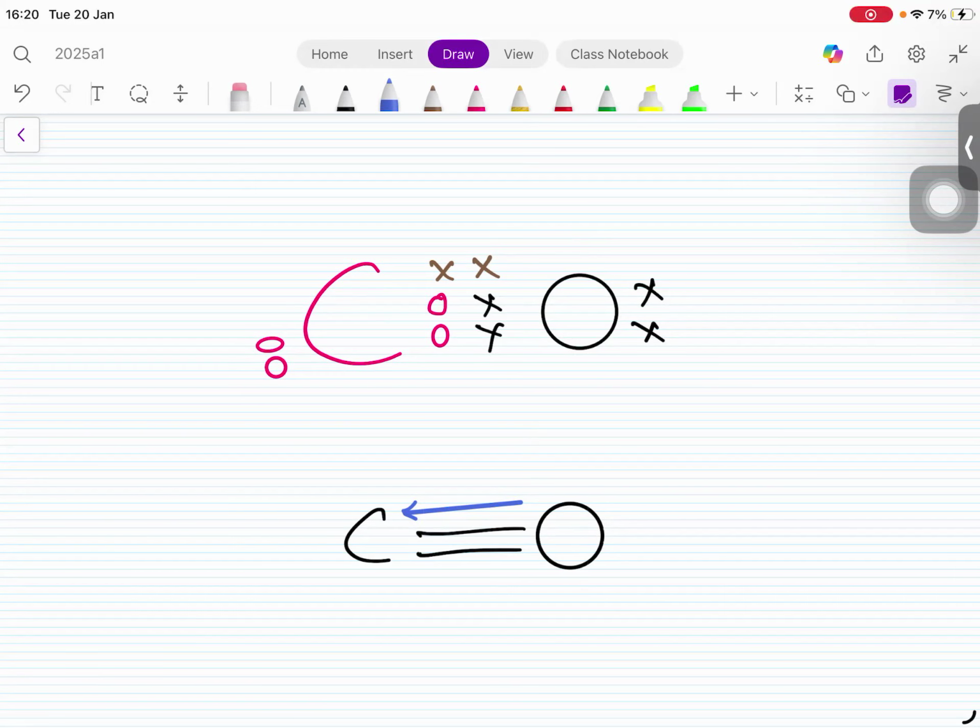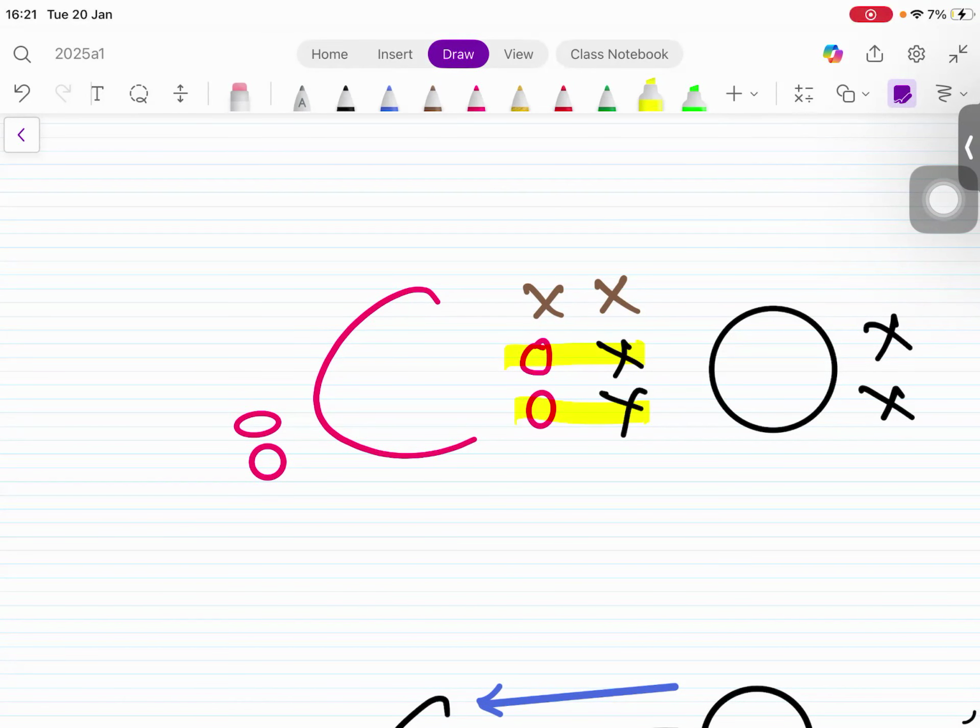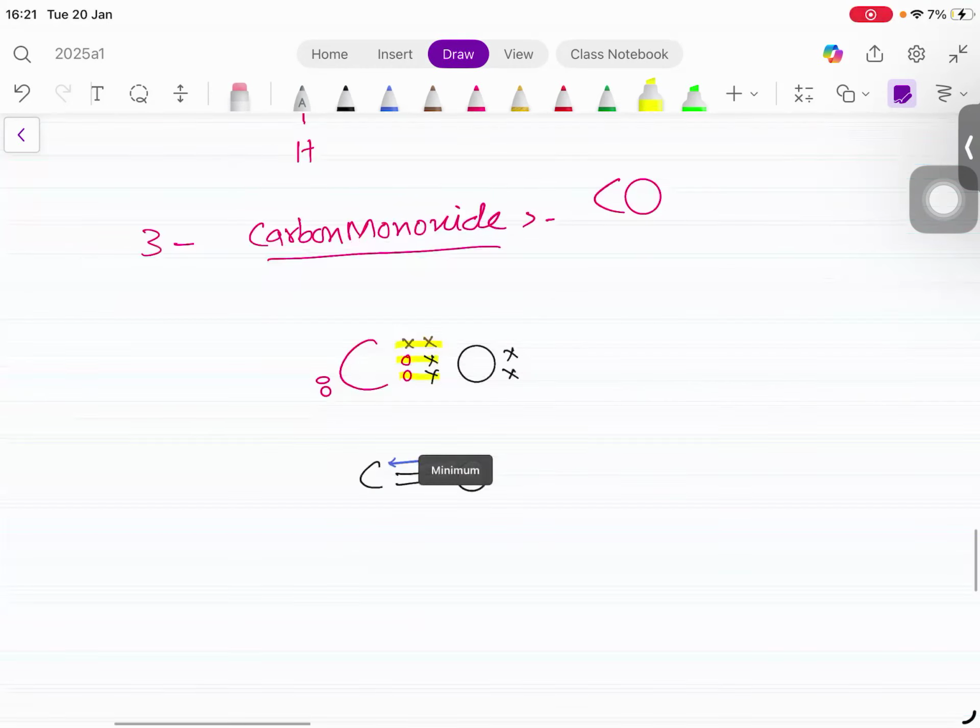That's why they tell you that the carbon oxygen bond has a triple covalent bond. Precisely, the carbon oxygen bond in carbon monoxide is a triple covalent bond because all three bonds have the same length, strength, energy, everything. But we know that two of them are formed by sharing with an equal number from both sides, and one of them is formed by sharing from one side. So all three of them are formed by the sharing of electrons.